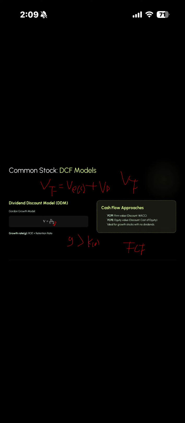So if you apply a free cash flow to the firm as a cash flow measure, you have to discount it by the weighted average cost of capital, which is the cost of equity plus the after-tax cost of debt.